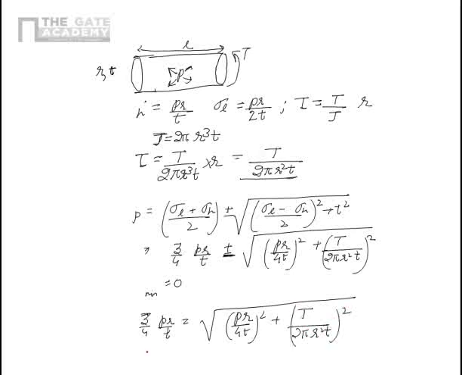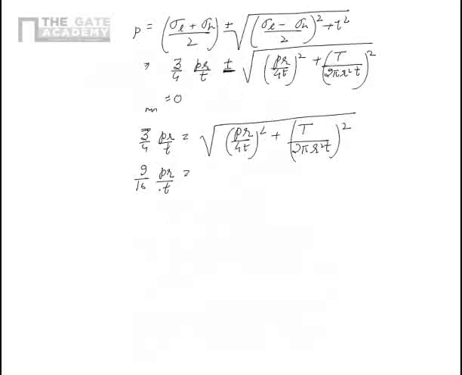I can square the term, so I get 9 by 16 PR upon T is equal to PR upon 4T square plus T upon 2 pi R square T whole square.